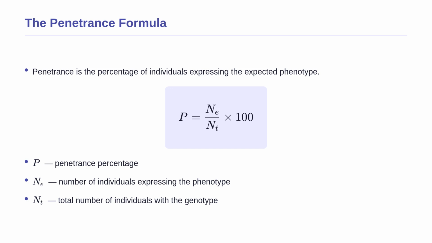The symbol Nt represents the total number of individuals who possess the specific genotype in question. By dividing Ne by Nt and multiplying by 100, we convert this ratio into a clear percentage. If the value of Ne increases while Nt stays the same, the penetrance goes up, meaning the gene is more consistently expressing itself.